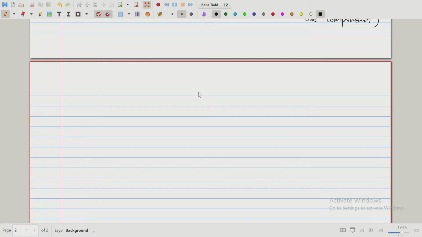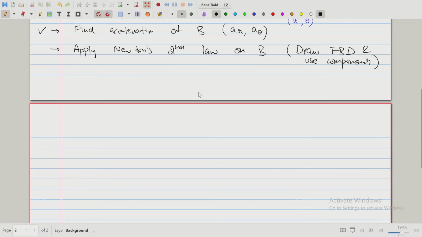Is there anyone who still wants to look at the figure? Okay.